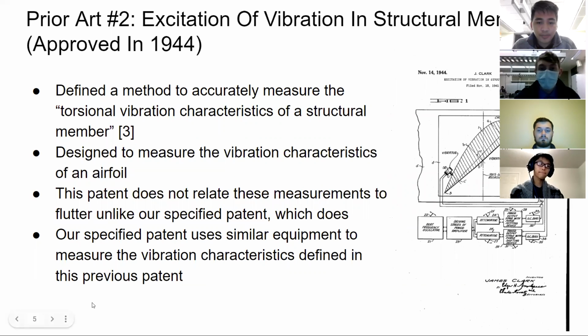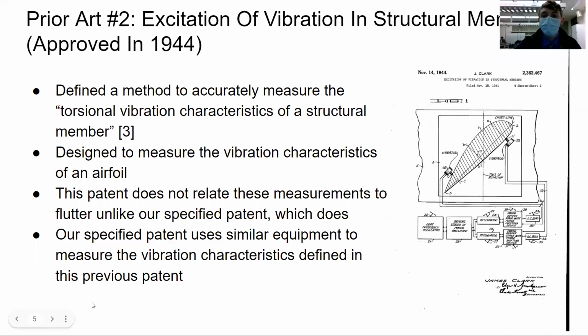Here's another piece of prior art, a patent from 1944 on the excitation of vibration in structural members. Essentially, it defined a static test method to determine the torsional vibration characteristics of a structural member. In simpler terms, it looks at the vibration response of, in this case, an airfoil.